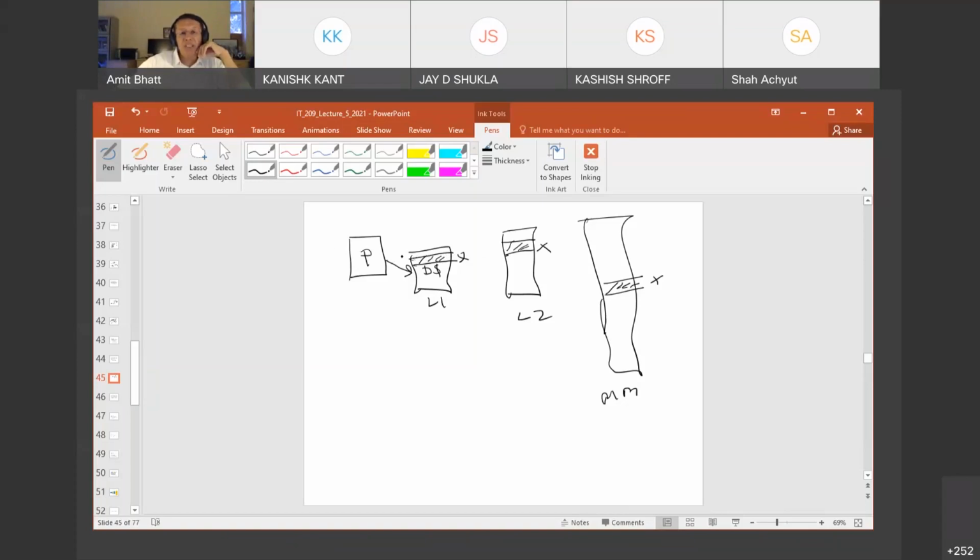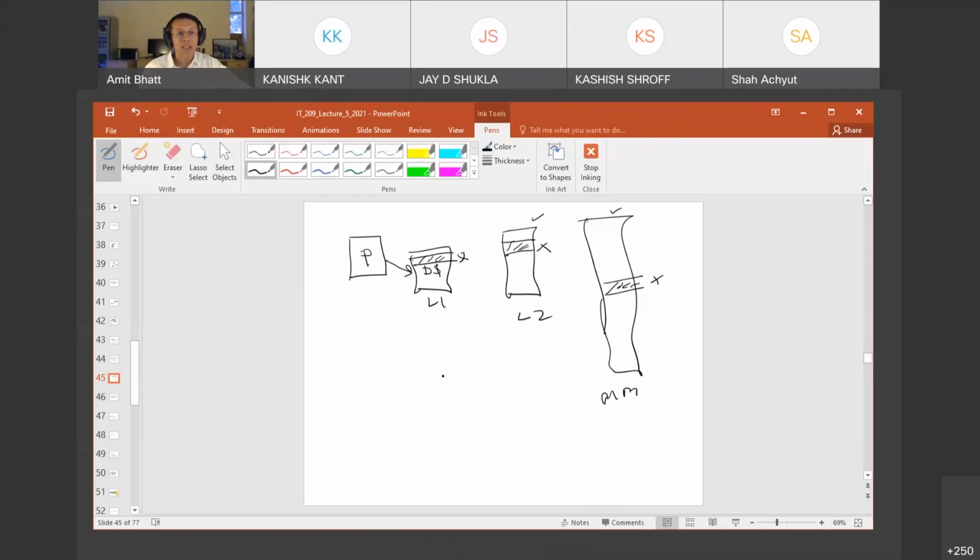Now the question is, as the previous person asked, what about L2 and L3? When will you update them? That is the whole question of this policy of when to update the values.